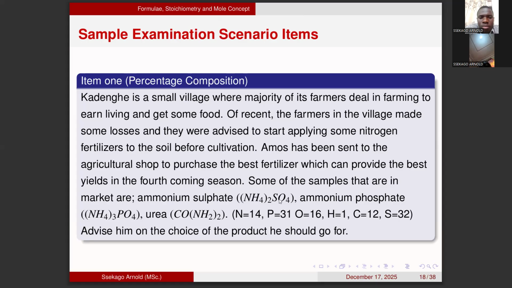So we want to determine the percentage composition of nitrogen in ammonium sulfate, nitrogen in ammonium phosphate, and nitrogen in urea. Then where we get the highest percentage of nitrogen, we shall recommend that as the suitable fertilizer that can supply nitrogen to the soil, or which can be applied to increase nitrogen content in the soil.